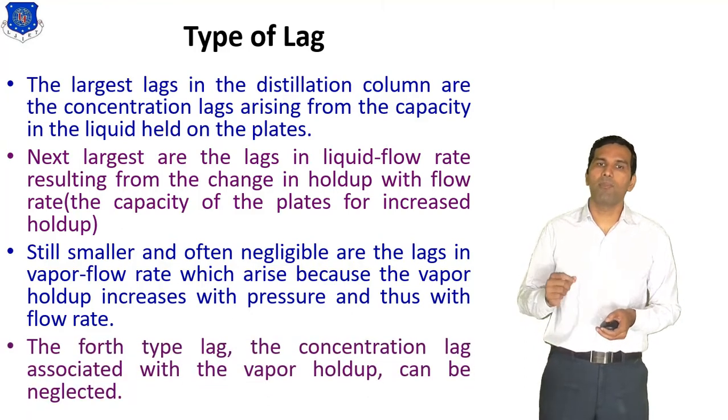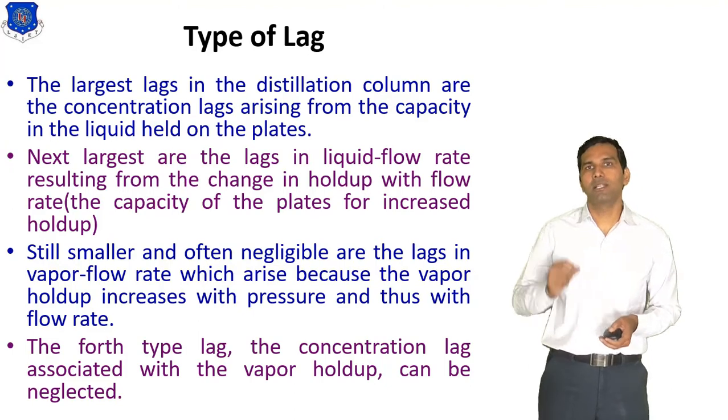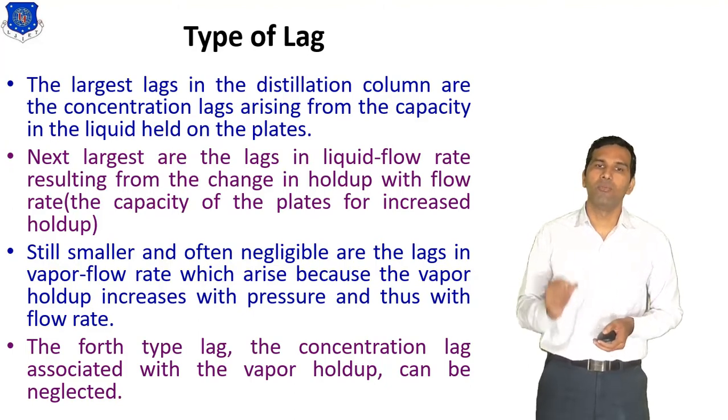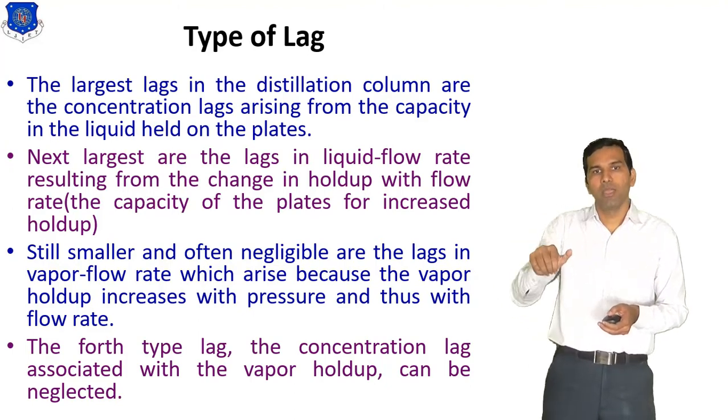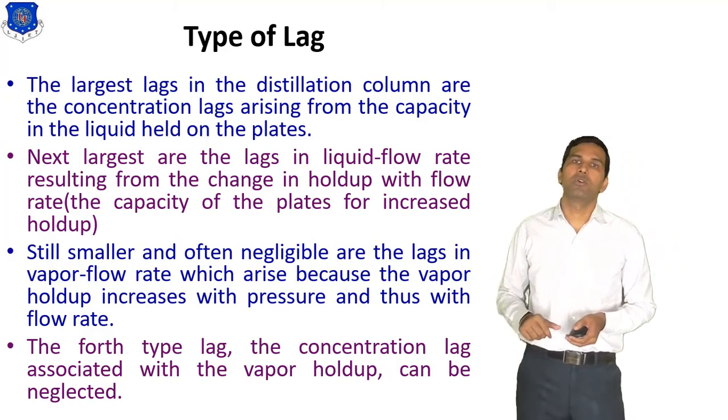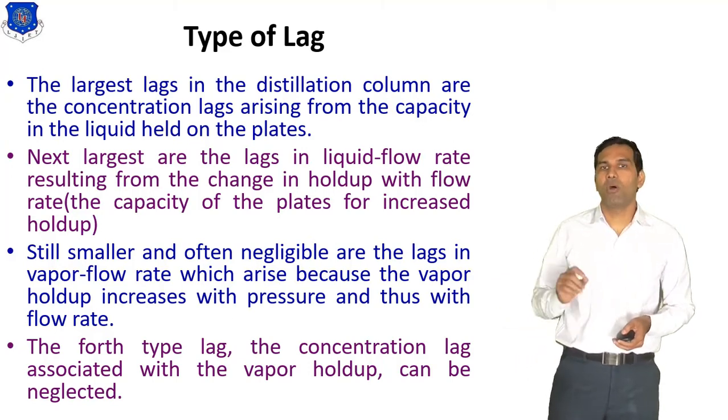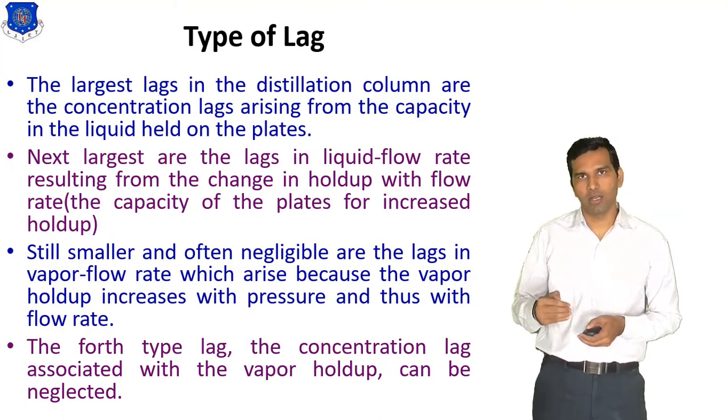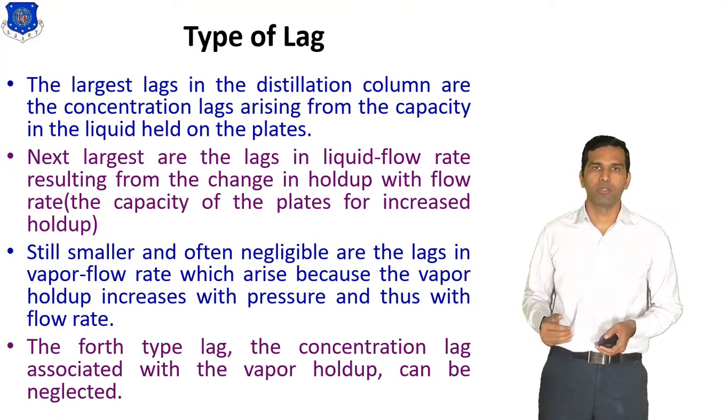The fourth type of lag is the concentration lag associated with the vapor holdup, which can also be neglected. This is the fourth type of lag that occurs in the distillation column.